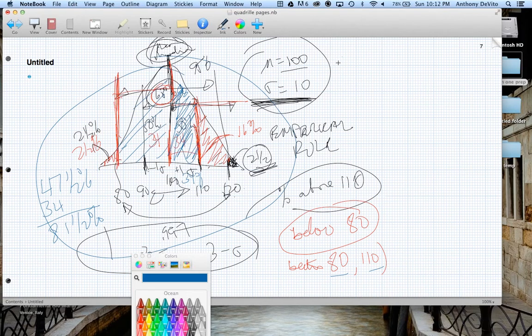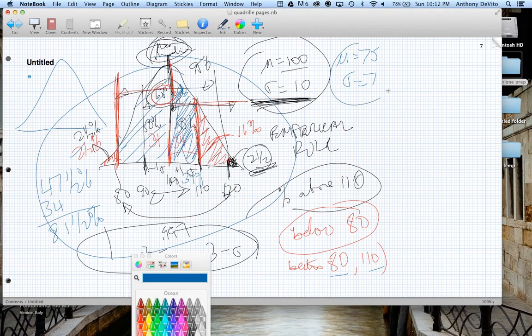Well, no. It'll work if the mean were 75 and the standard deviation were 7. You'd just get a different shape. It'd still be symmetrical, and all these rules would still work for whatever numbers are 1 standard deviation and 2 standard deviations. The real key here is that these percentages of area will always hold up for a normal distribution.